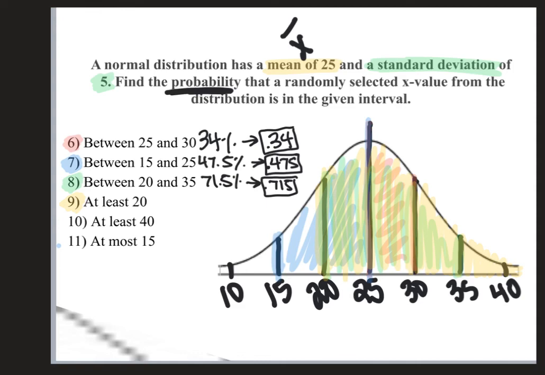Or you could add up 34 plus 34 plus 13.5 plus 2.35 plus 0.15. But since half of your curve is already covered or colored from this number 9 problem, you can take 50, add your 34. So 34 plus 50 is 84. So 84% of your curve is highlighted, but as a probability, it's 0.84.